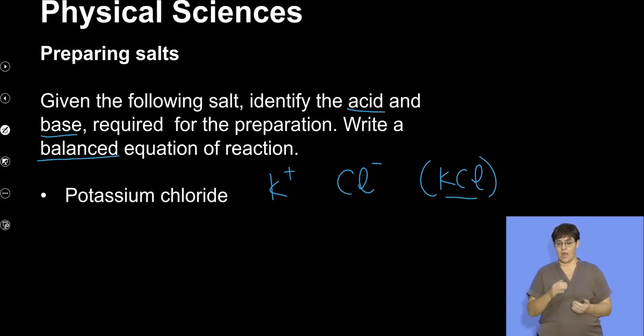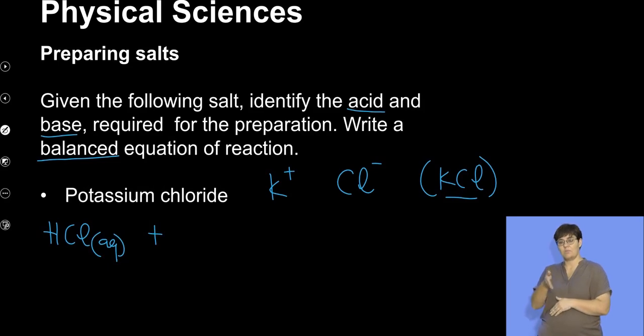So we are talking about an acid. Now we want an acid that will have a chloride, okay? So immediately we are thinking HCl, okay? What is HCl? Yes, this is hydrochloric acid, which is typically a strong acid, plus a base that has got which metal? Potassium. So the base that has got potassium atoms will be, for argument's sake, potassium hydroxide, okay?